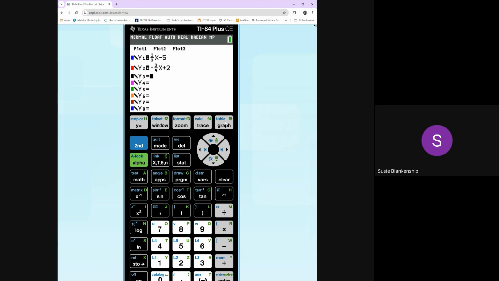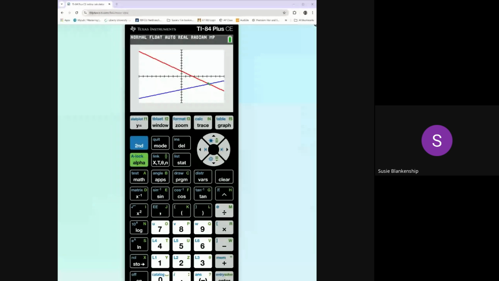And then now we're going to hit graph. And as long as you can see your points of intersection here, right here, that's what we want to find out. So what we need to do is find the intersection.